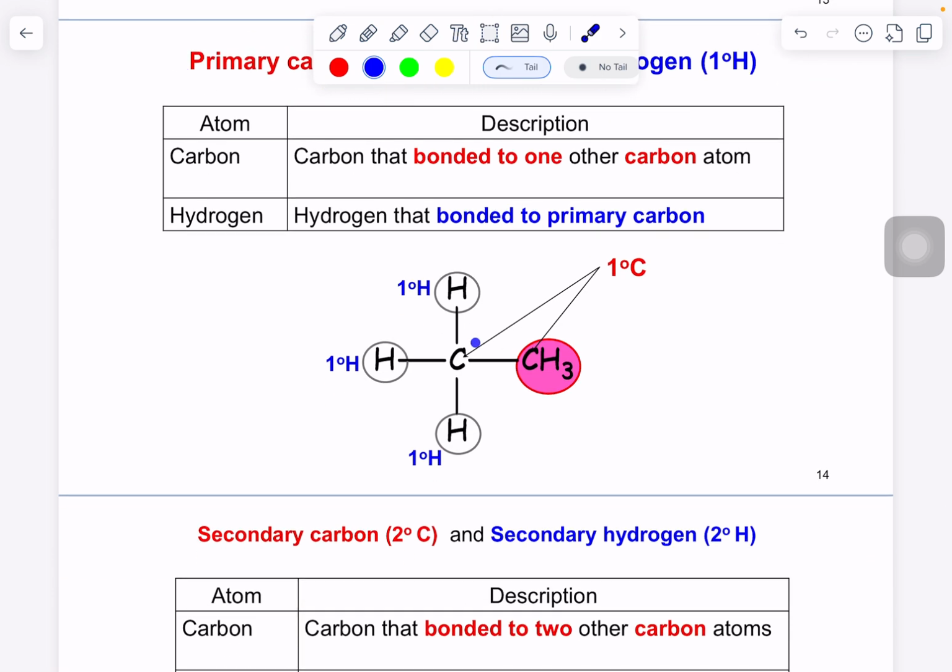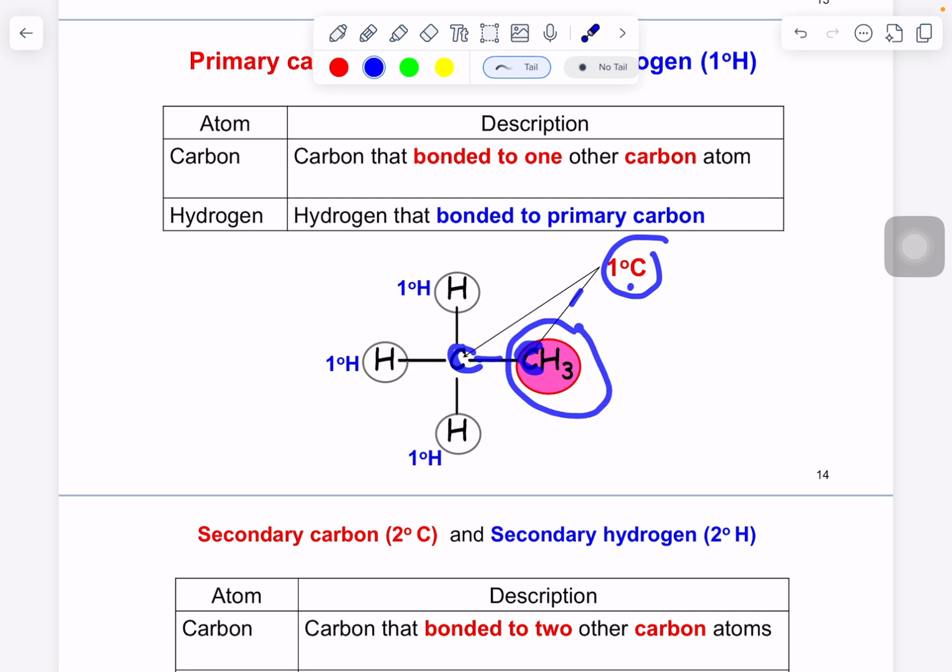You can see there is one carbon here and another carbon here. So this carbon forms 4 single bonds with another atom, hydrogens, and another atom, carbon. Now if you see this carbon, it is bonded to another carbon, we can classify it as a primary carbon.